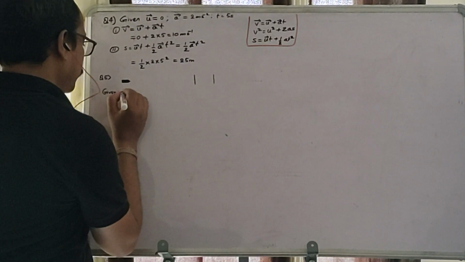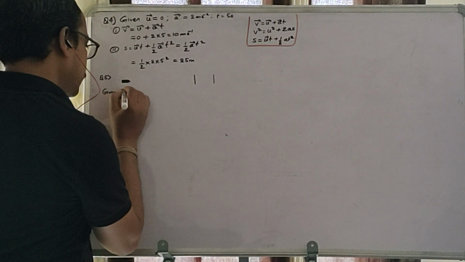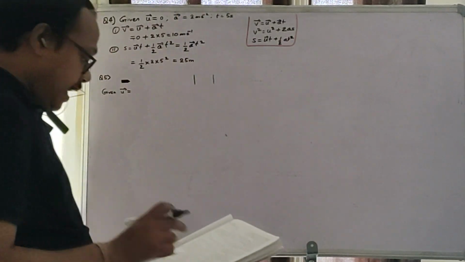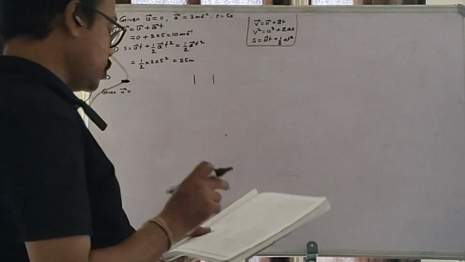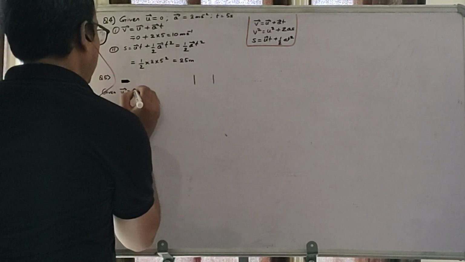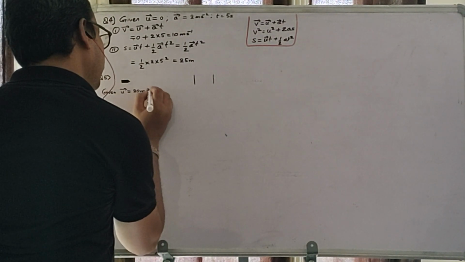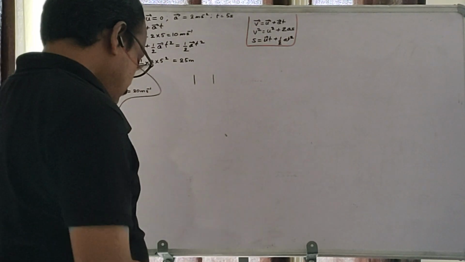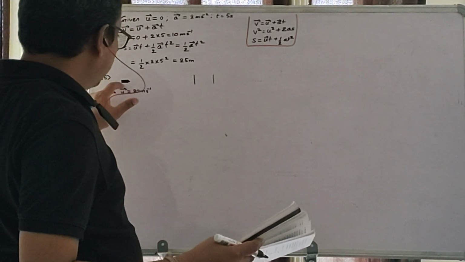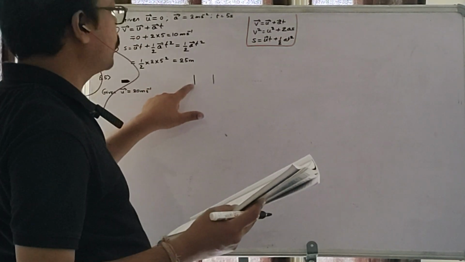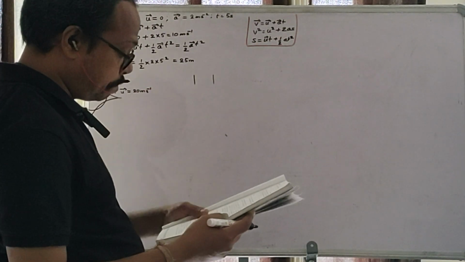So we have to consider the initial velocity as the velocity which is given. A bullet initially moving with a velocity of 20 meter per second. So initial velocity is given as 20 meter per second, right? And there is no loss of velocity. Let us assume that. We have to assume that, right?